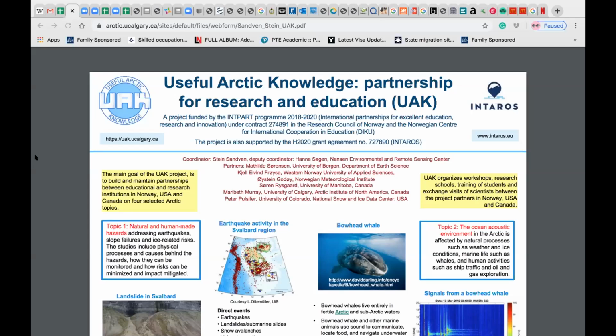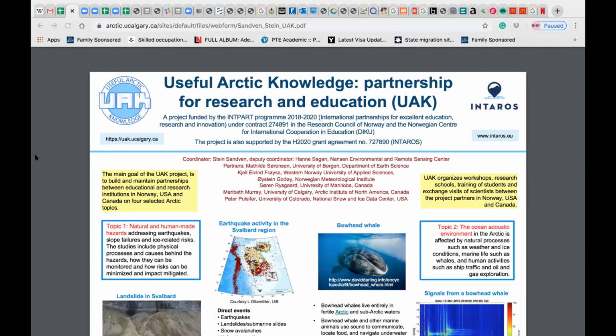For example, it's a hypothesis that there can be more earthquakes due to the melting of land ice areas. Svalbard, which you see in one of the figures, is one of the areas where there is quite significant earthquake activity. Even if there hasn't been any big event, there are sufficient earthquakes that they have an impact on, for example, buildings and other constructions.